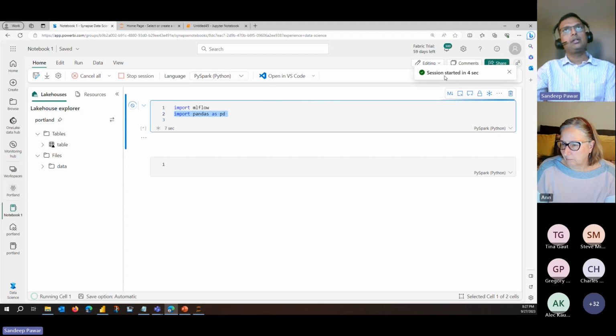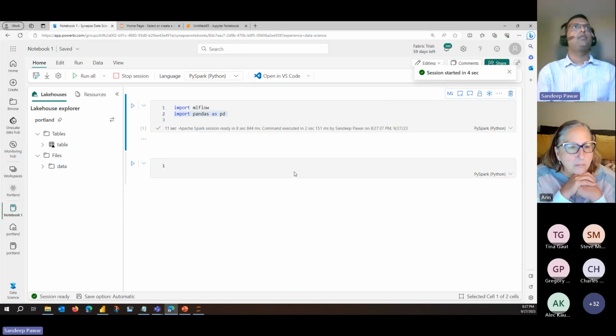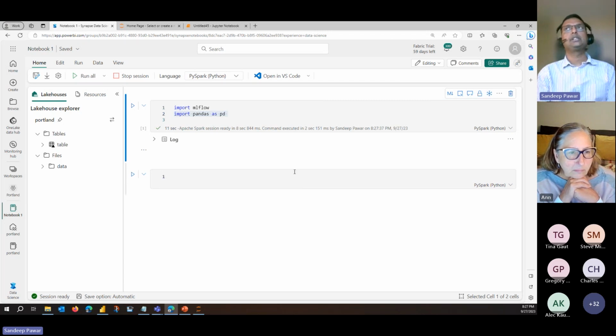Notice that right here it says session started in 4 seconds. This is because in Fabric the compute is already provisioned for you. It is always running in the background, which means you don't have to start the cluster.